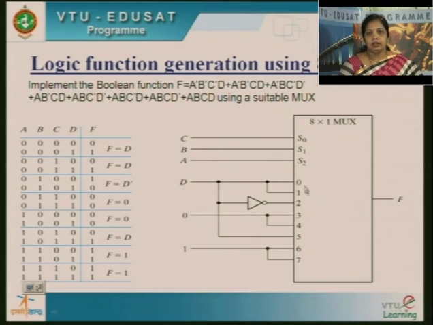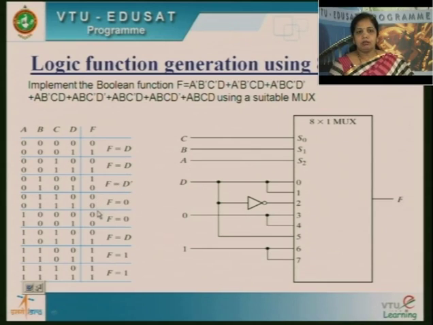Since we have 8 inputs, I am going to divide this truth table into groups of 2 to make 8 combinations. In the first pair, wherever there is 0 and 1, I am going to write this as the map entered variable D. Whenever there is 1 and 0, I am going to write its D complement.